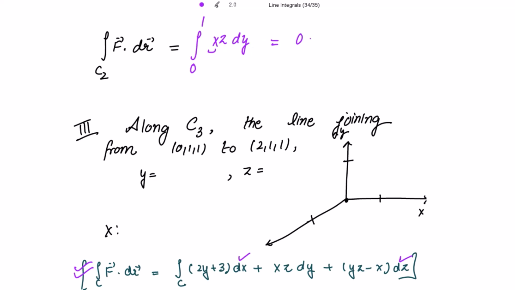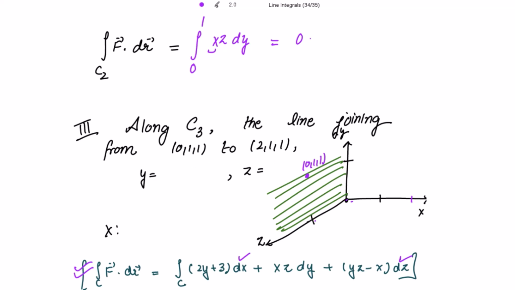Now along C3, the line joining 0, 1, 1 to 2, 1, 1. The point 0, 1, 1 is in the YZ plane, over here. The point 2, 1, 1 is 2 units along x, 1 unit along y, 1 unit along z, and lies in 3D space, which cannot be shown over here.